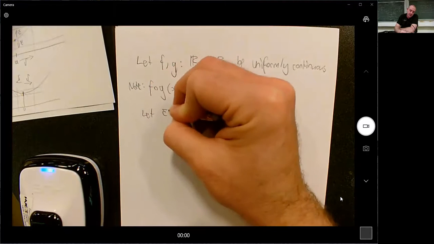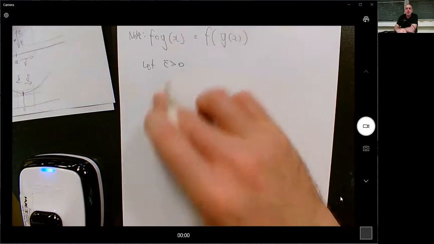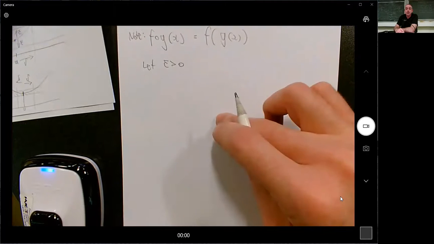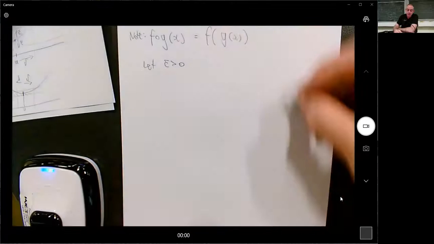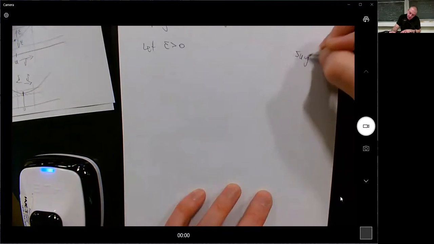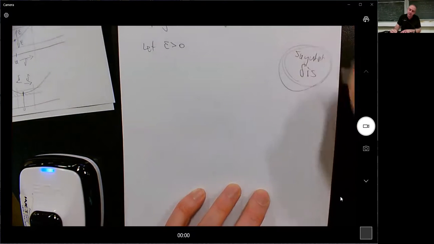let epsilon be greater than 0. And then somewhere here, I have to tell the reader what delta is, somewhere in here, that's what I'm thinking.